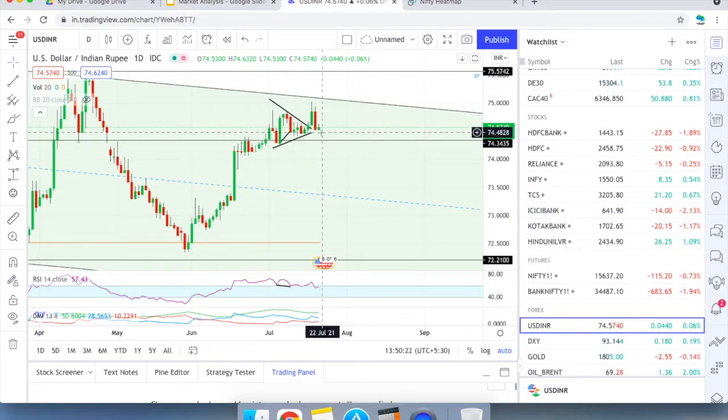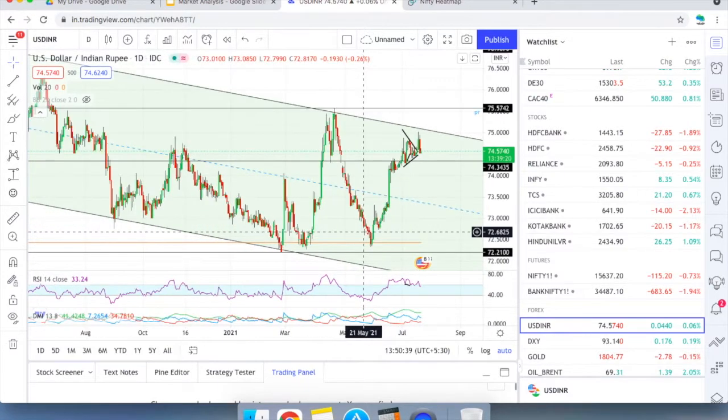So we expected to have a resistance at the channel top. Probably that is what may be happening, or it may attempt to hit there once again and then bounce back on the downward journey of the channel.